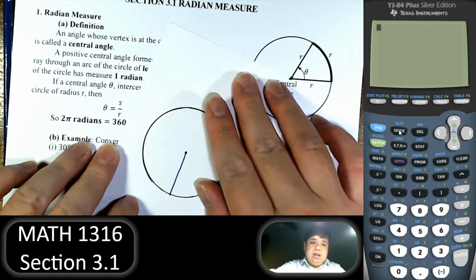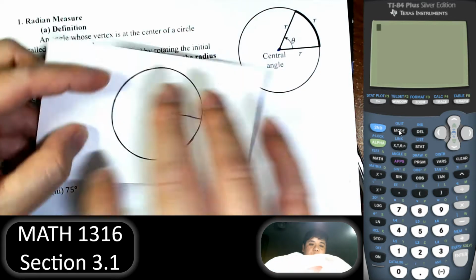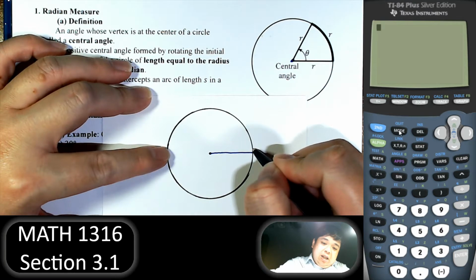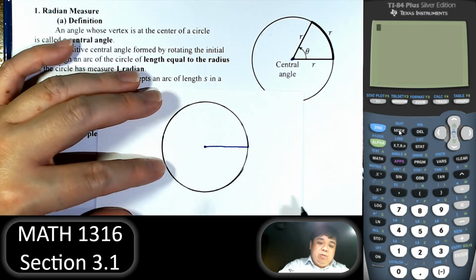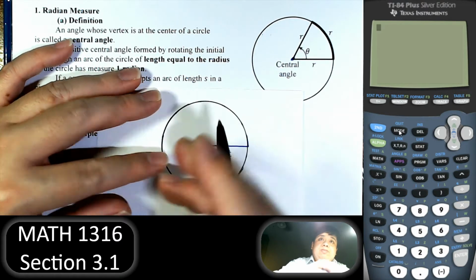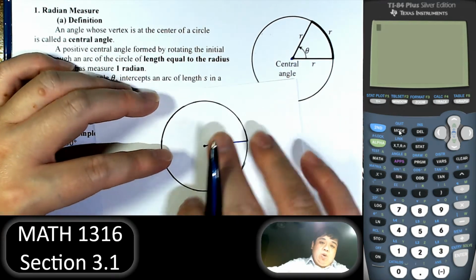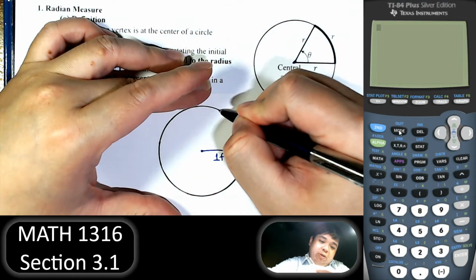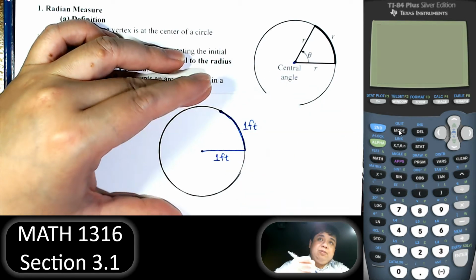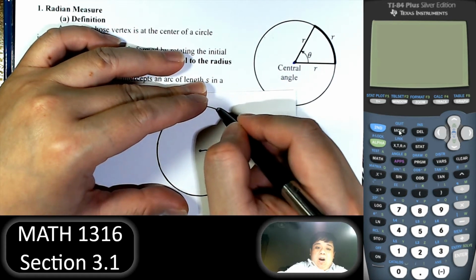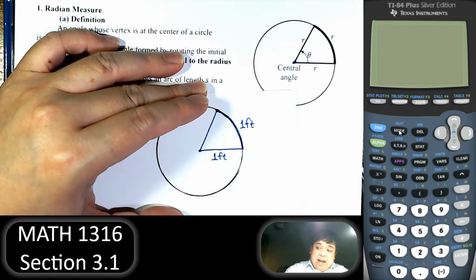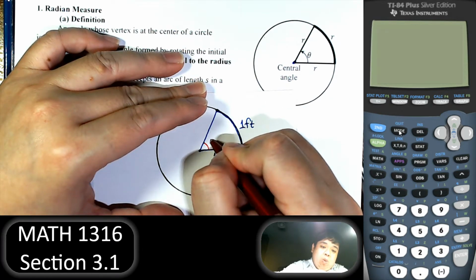If you roll that circle along the ground, of course, the edge of the circle will touch the ground. Let's say the radius is 1 foot. If it rolls so that the arc length is also 1 foot, then the arc length is the same as the length of the radius, and in that case we define this as 1 radian.